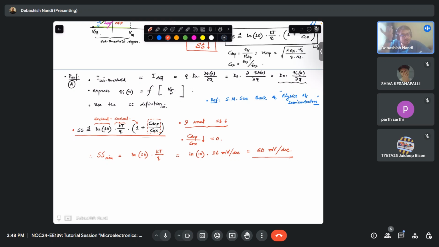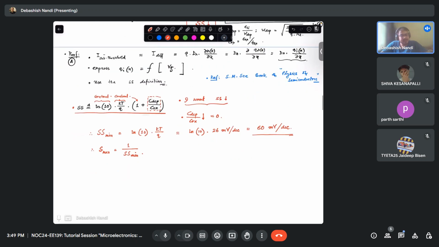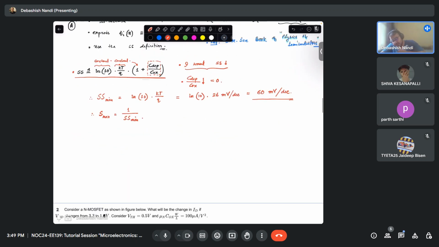Fine. And how do you calculate your subthreshold slope? It is nothing but S max is 1 over SS min. So what is the significance of this? Let's say you have a V_G and log10 of I_D plot. Let's say this is the characteristic which your device shows.